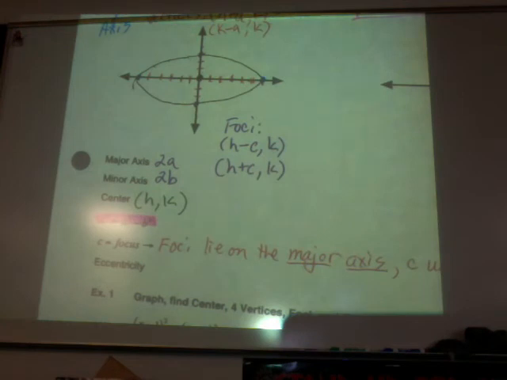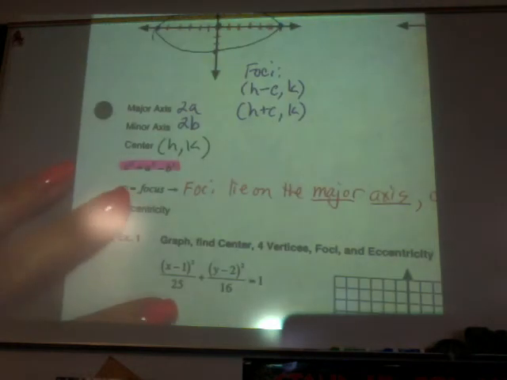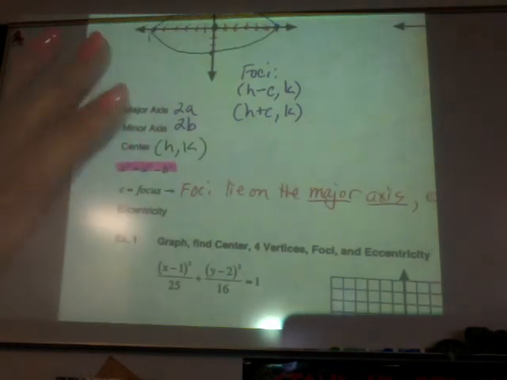And then we have this thing called eccentricity. Eccentricity really measures the ovalness of the ellipse. The more fat the ellipse is, the closer it approaches a circle, right? The more narrow the ellipse is, the closer it approaches a straight line. And so the eccentricity can tell you, we don't really do a whole lot with it, but you're going to find it.